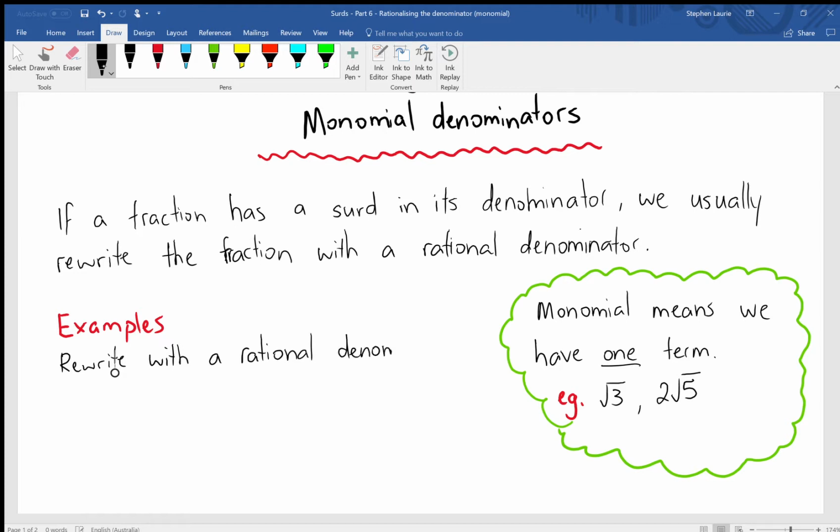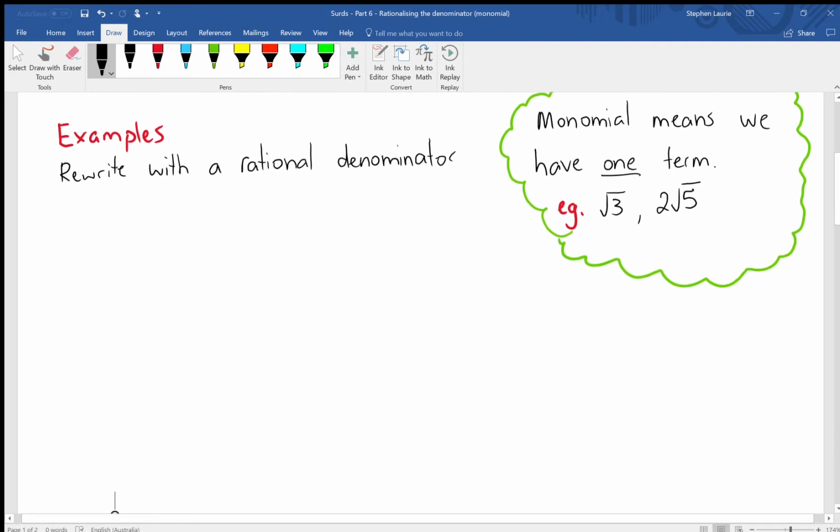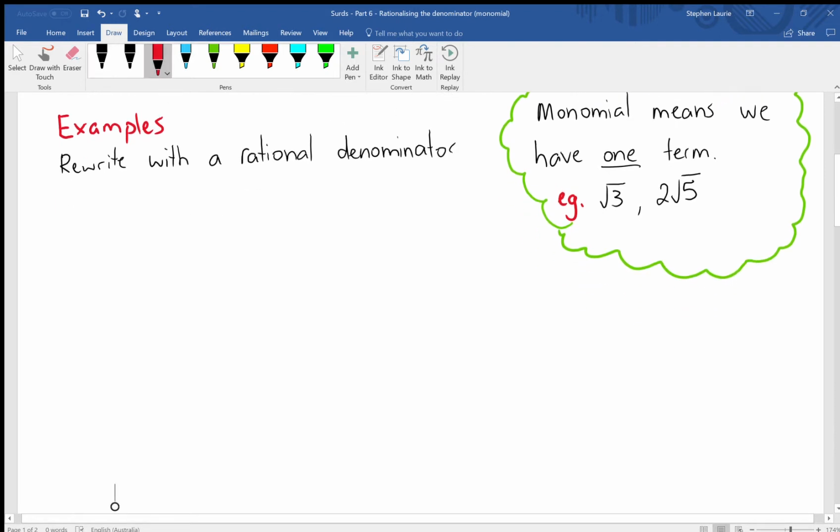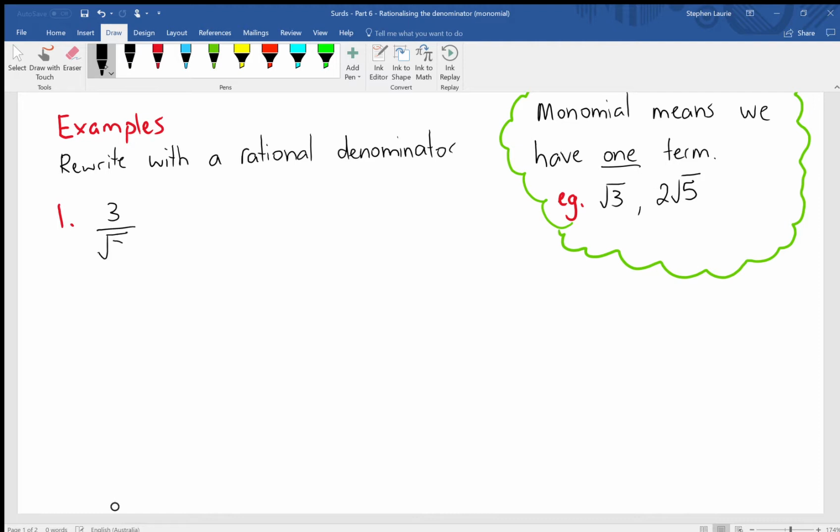Remember, denominator is the bottom of a fraction. Alright, here we go. Number 1. 3 divided by root 3. 3 over root 3.